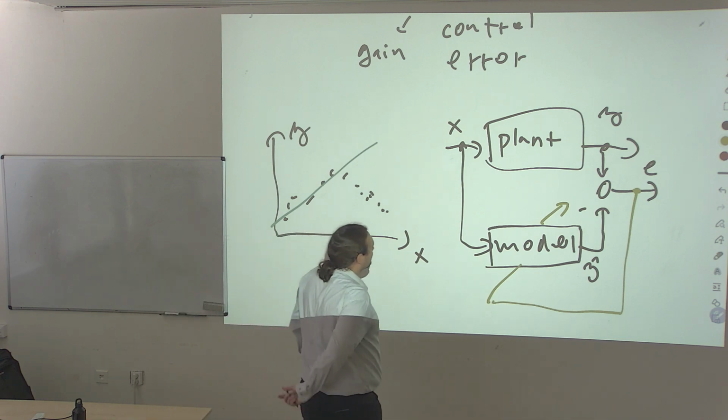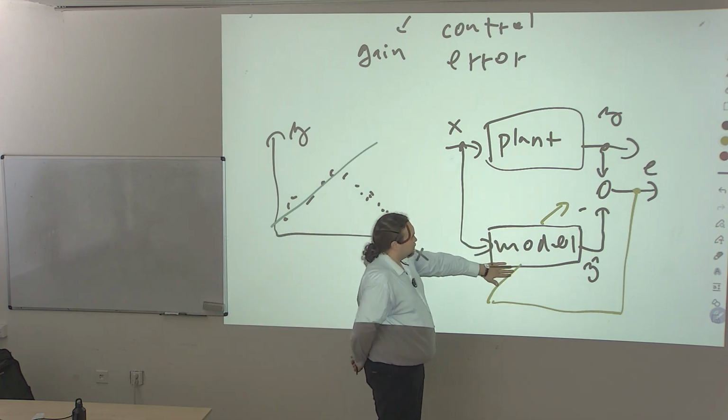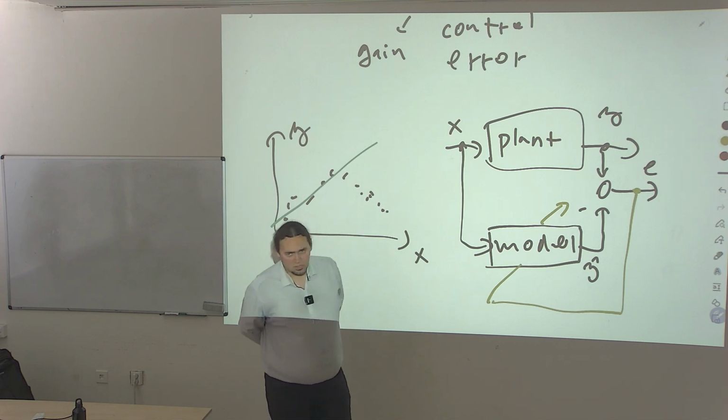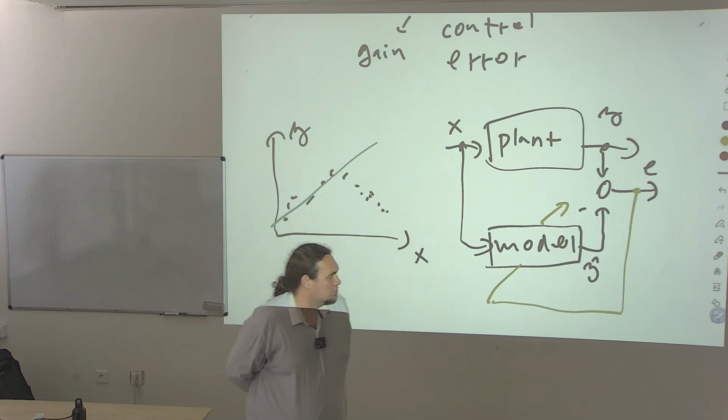This is how you can sometimes find it represented. It's also used in things like adaptive control. Somebody know?